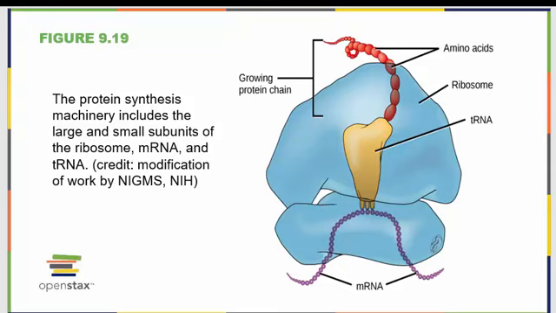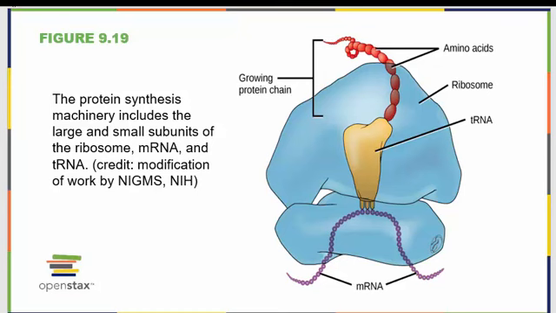Then your empty tRNA leaves, and the whole little unit hops over one, and you can add another tRNA that's holding on to an amino acid, and you just keep doing that. You form a bond, you leave. You form a bond, you leave. And that's how protein synthesis works. That's how this machinery actually works. So it's a neat little setup. It's kind of ingenious, if I do say so.